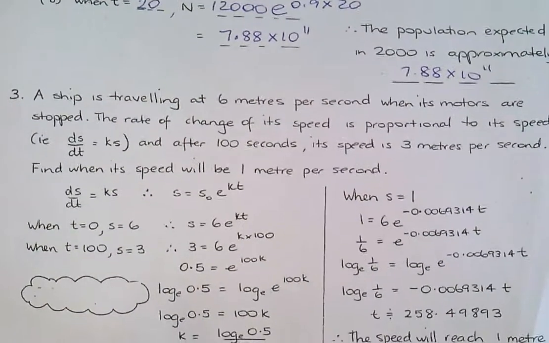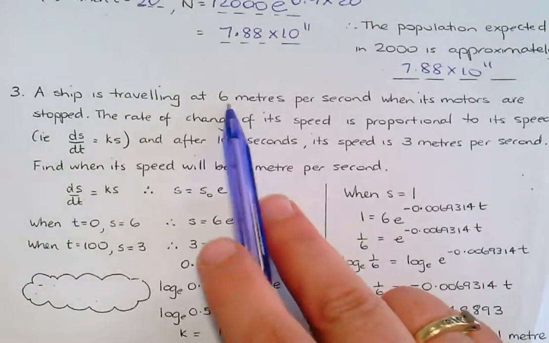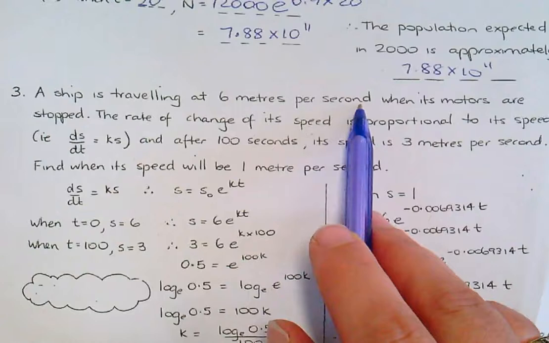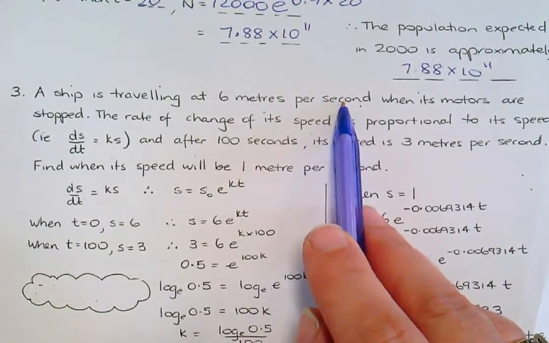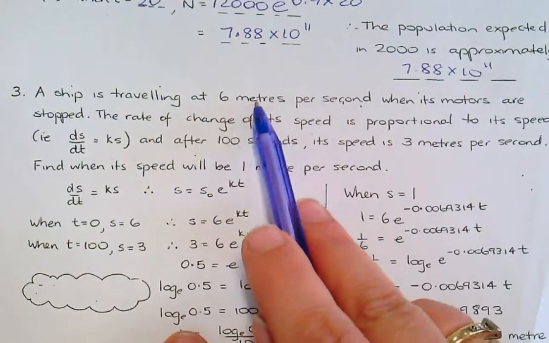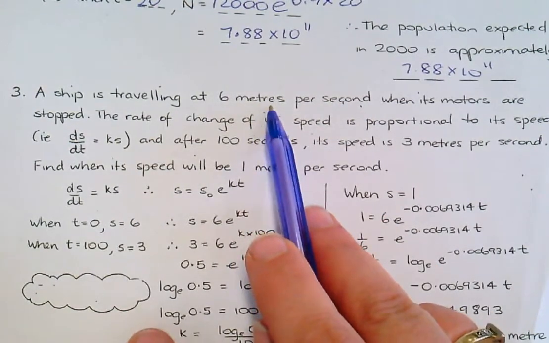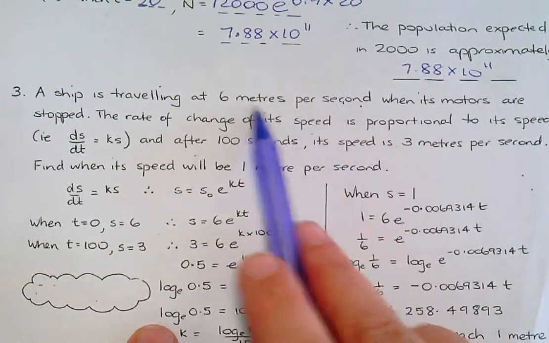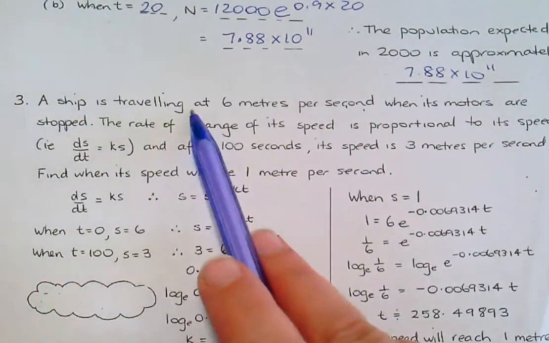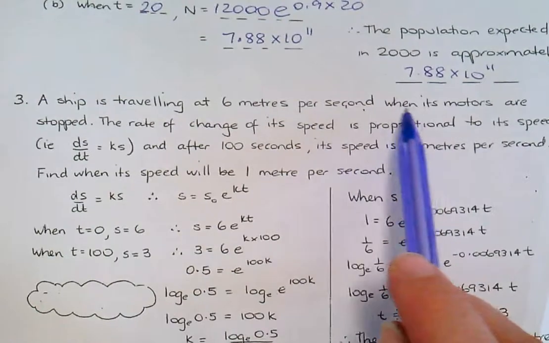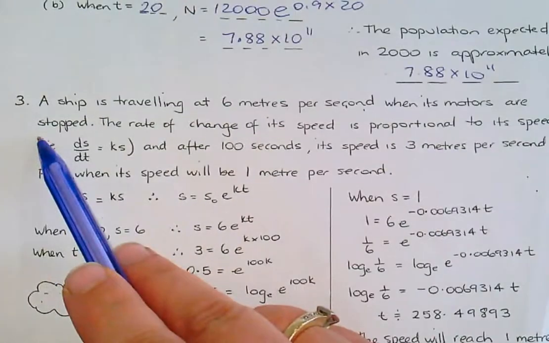Okay, next one, question 3. A ship is travelling at 6 metres per second. Now, they're giving you a rate this time. That's the rate of change of its speed. A ship is travelling at 6 metres per second when its motors are stopped.